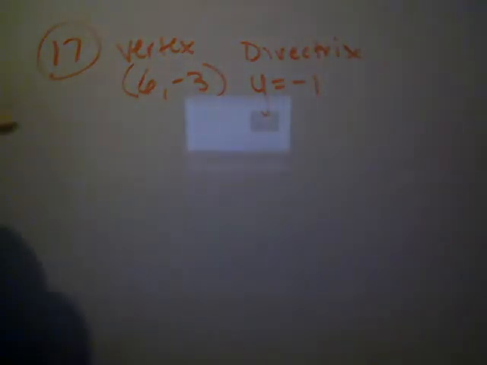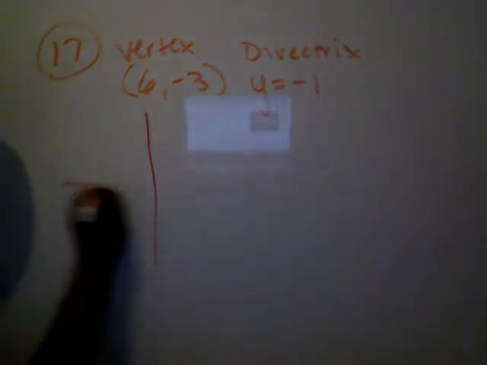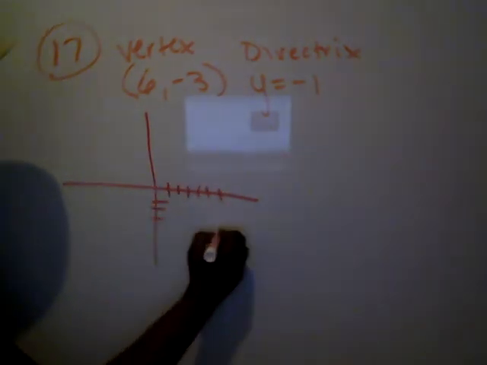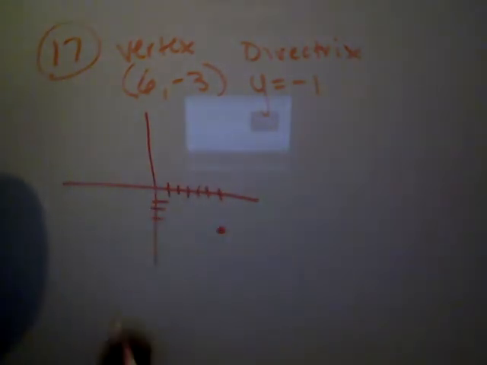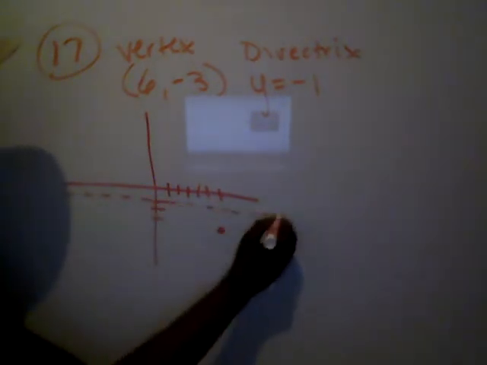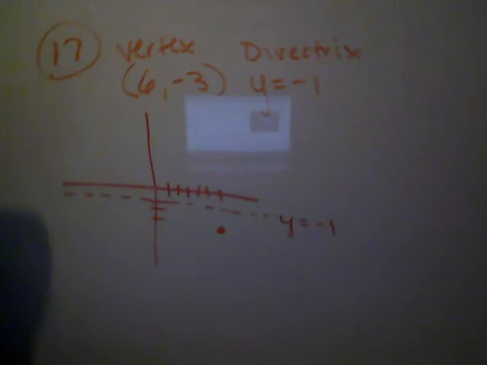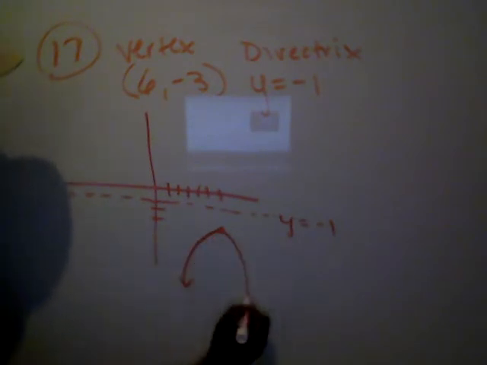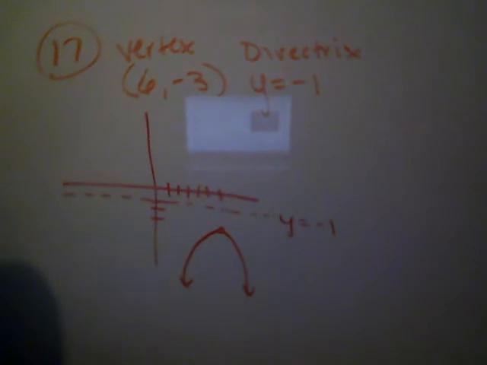So again, I would recommend plotting these just to figure out which direction we're going. So 6, -3 puts us here. But then we have y equals -1, which is right here. The directrix always needs to be on the outside of the parabola, so that tells us the parabola has to be opening down again.